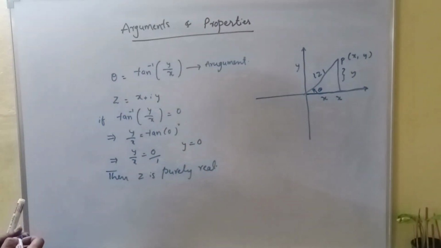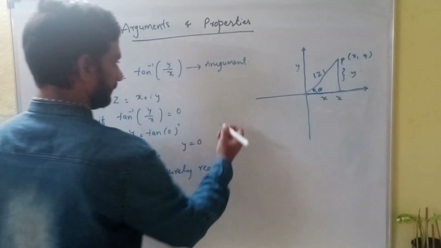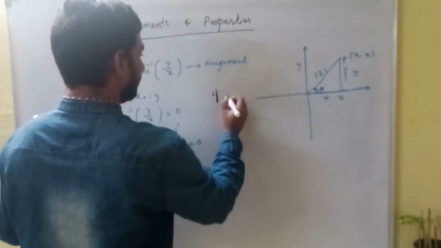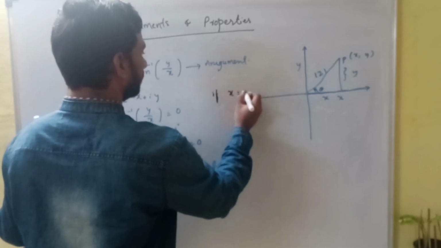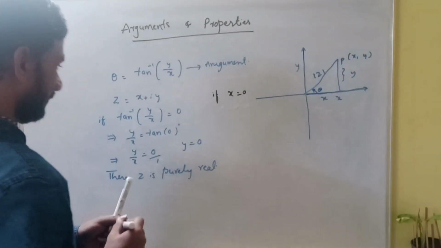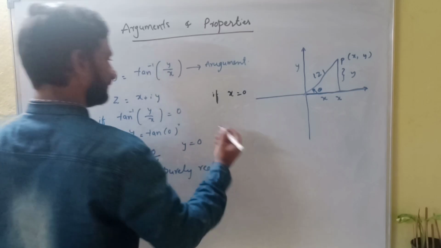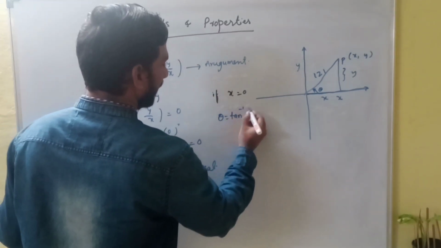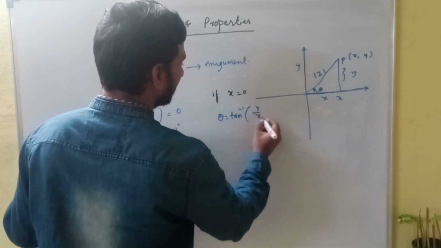Again, if x is equal to 0, then the argument theta is equal to tan inverse y by x.